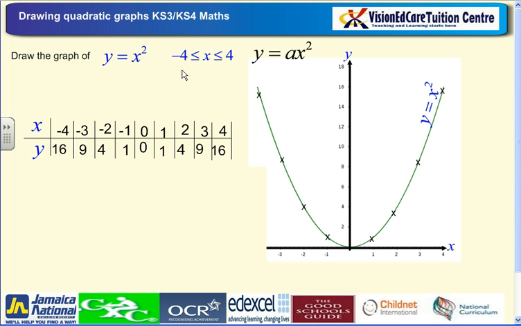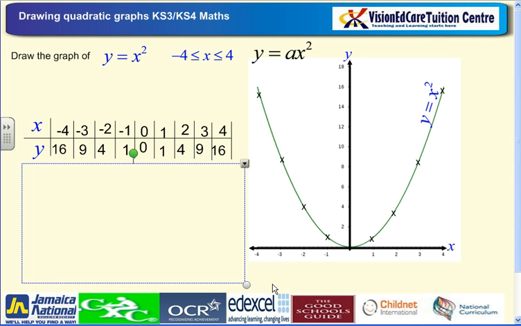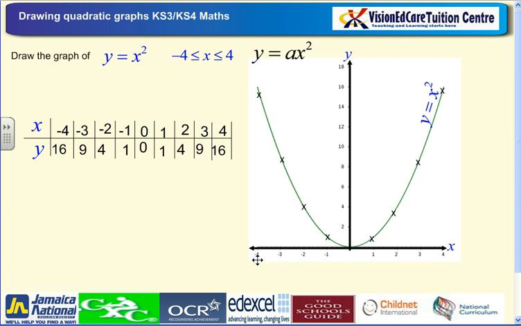So our lowest x value was minus 4. So on the graph here we have minus 4 and positive 4 as the highest x value. Our y values in the table here, our smallest y value is 0 and our biggest y value is 16, so we make a scale from 0 to positive 16.